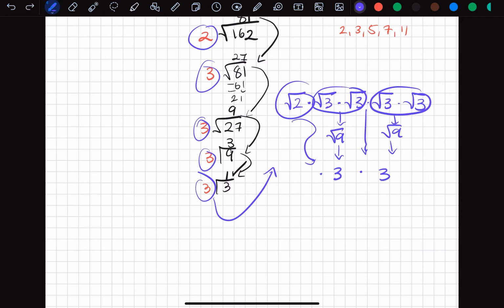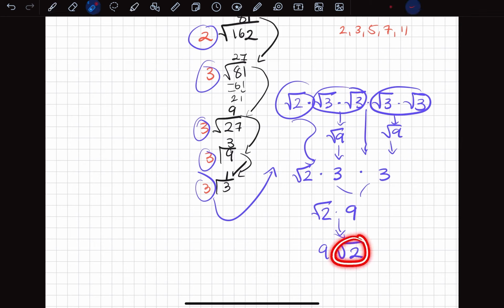Let me write that nicer. And then we can go ahead and multiply these together. That gives us 9. We have the root 2, and you can rewrite this and flip them, right? I'm just going to flip the order. And so that's 9 root 2, right?